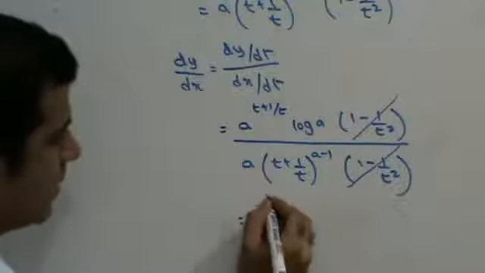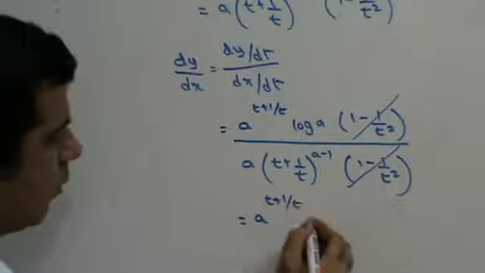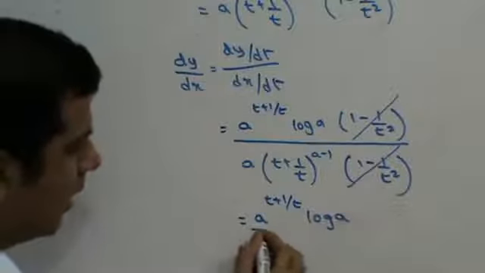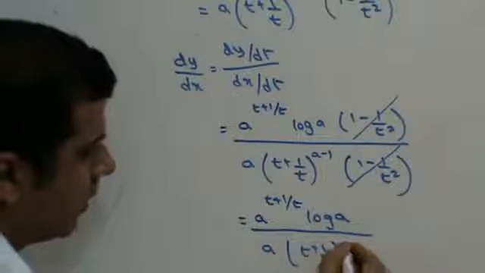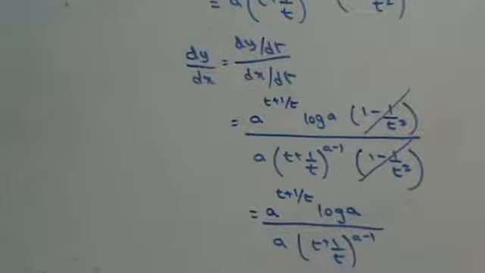So your final answer is a raised to (t plus 1 upon t) log a upon a (t plus 1 upon t) raised to a minus 1. Fine. Let's move on to the next sum, guys.